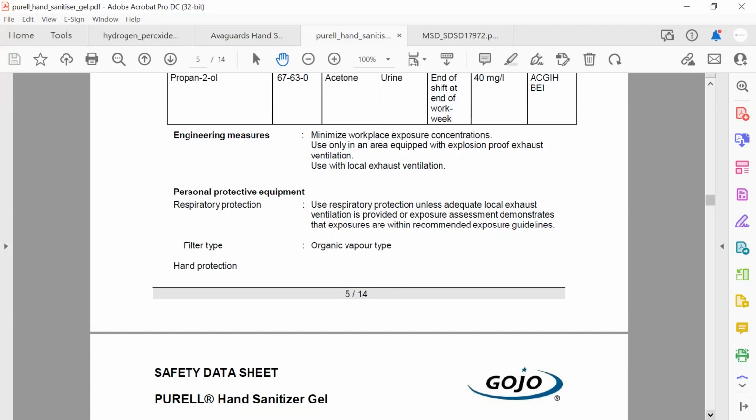So remember, it's a hand sanitizer that we're using, so we want to make sure that we are using it in a well-ventilated area. So as long as the central air conditioning's going, or if we're outside, or if windows are open, making sure that we're getting some ventilation. In surgery centers, as long as there is the ventilation system that kind of vacuums it up, that would be advisable as well.